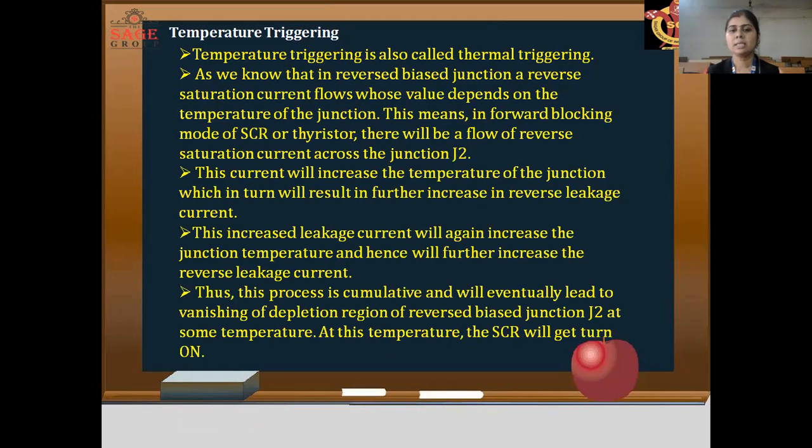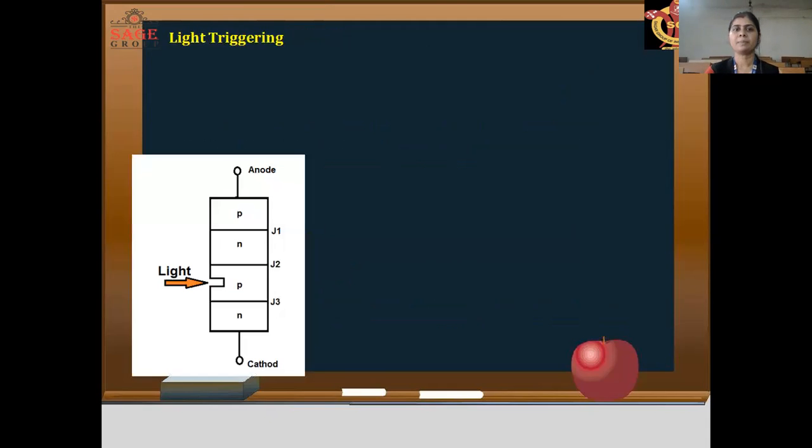This process eventually leads to the vanishing of the depletion region of the reverse bias junction J2 at some temperature. At this temperature, the SCR will be turned on. But we have already said that gate triggering is the most important and very useful method for turning on the SCR. Now, next is light triggering.